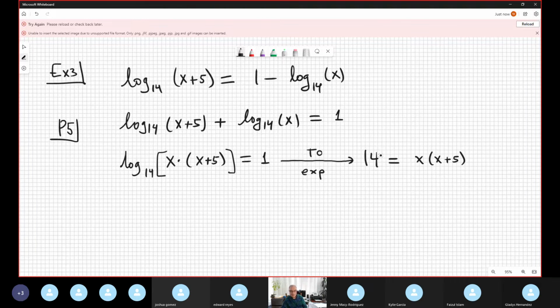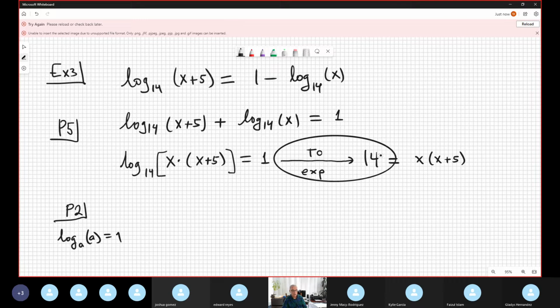Another possibility. Some students maybe don't like this idea, the conversion to exponential, but I love it. Well, you know property number 2, the logarithm base a of a is 1. They take advantage of this fact because it's 1 here. So the logarithm base 14 of x times (x plus 5) is equal to logarithm base 14 of 14, no?